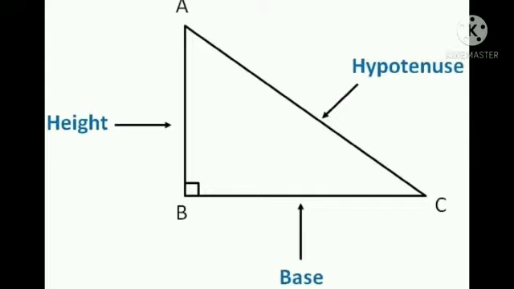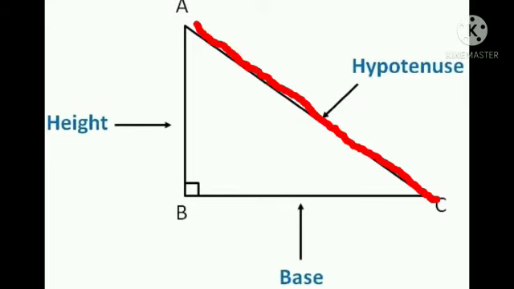First of all we will see what the hypotenuse is. A side which is opposite to the right angle is known as the hypotenuse. Here, which angle is the right angle? Angle ABC is the right angle.